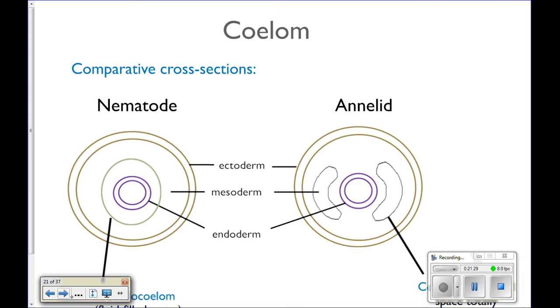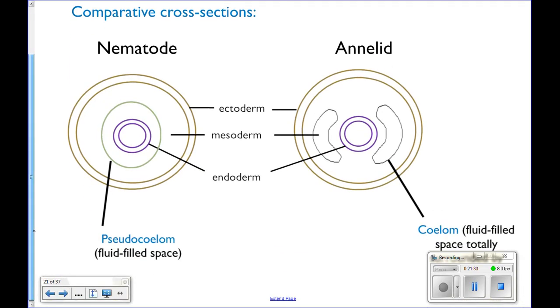So here's the comparison between a nematode worm and an annelid. In order to have a true coelom, the fluid-filled cavity has to be completely surrounded by the mesoderm. If it's completely surrounded by the mesoderm, then it's considered to be a true coelom. So in your nematode worm over here, you have your ectoderm, your mesoderm, and your endoderm, and then you've got your pseudocoelom in between.